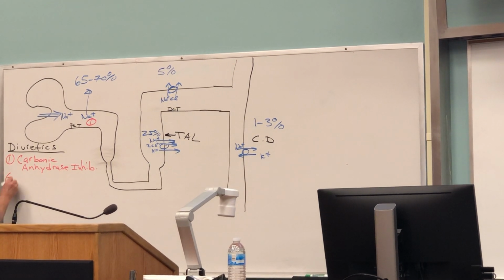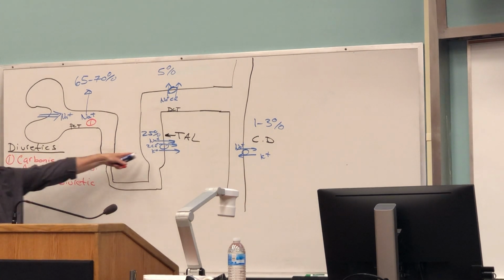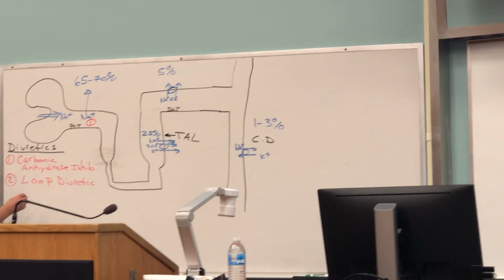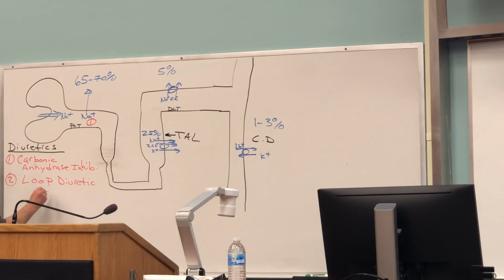Number two are called loop diuretics. And I bet you can guess where they work. Right in the loop. I bet you can tell me exactly what part of the loop. The TAL. Because it's the only part that I'm showing you where we have sodium reabsorption. So we have two kinds of loop diuretics.